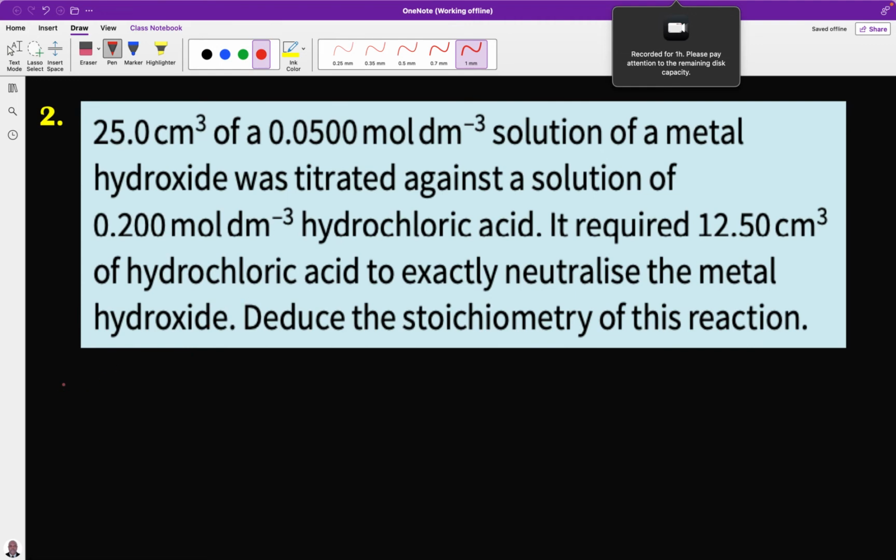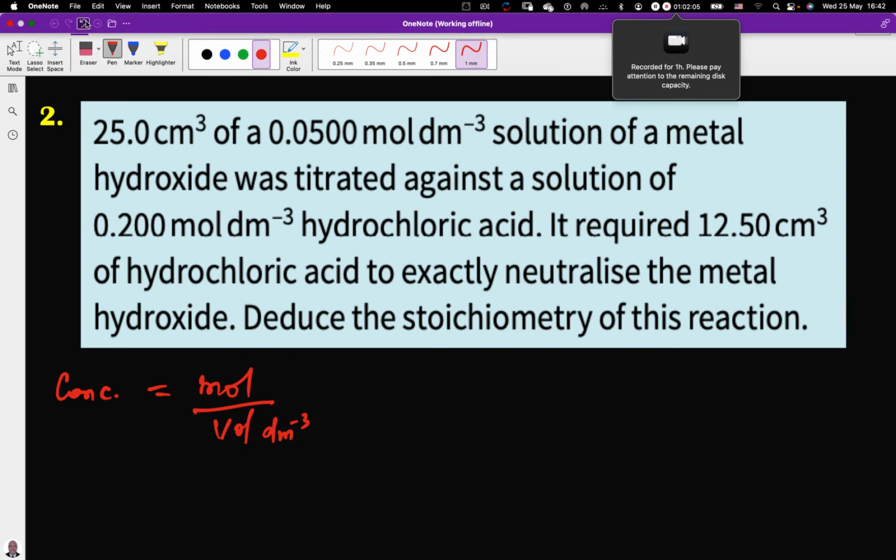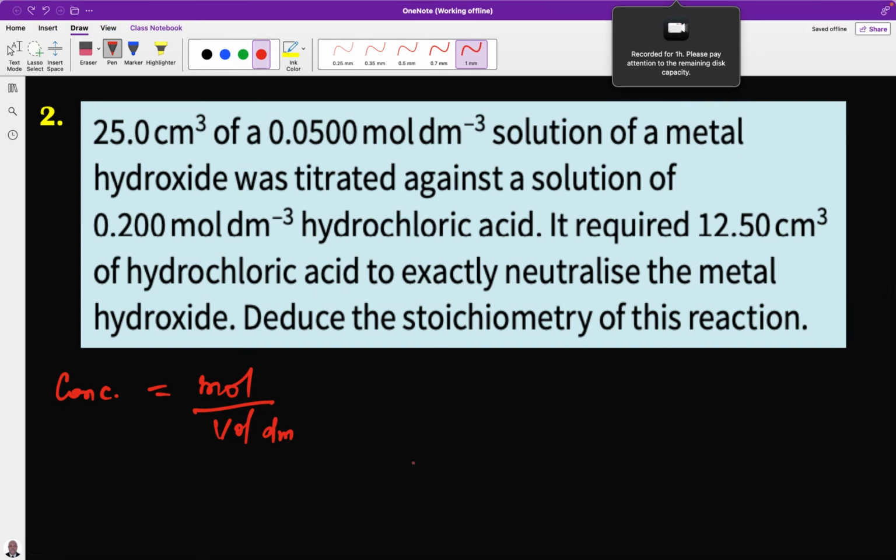So concentration is equal to moles over volume in dm³. This is what we are going to use here.